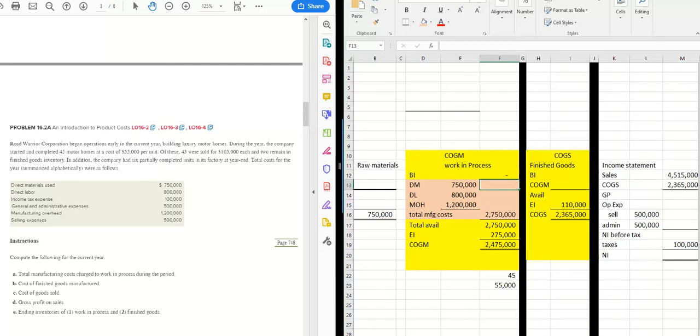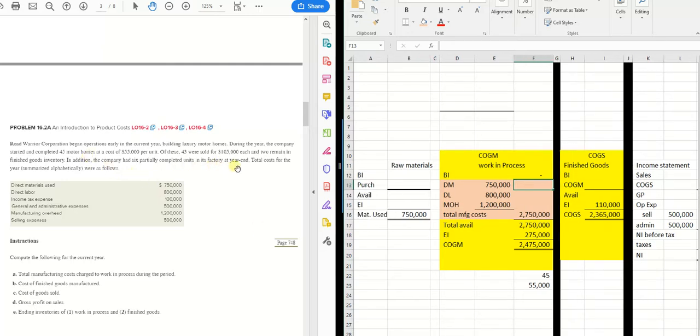So I'm going to ignore the 6 partially completed units at year end, and I'm also going to ignore that I started and completed. I'm just going to cross off the word started, and just say completed 45 homes. I'm also going to cross off this, in addition, 6 partially completed units were in factory overhead.